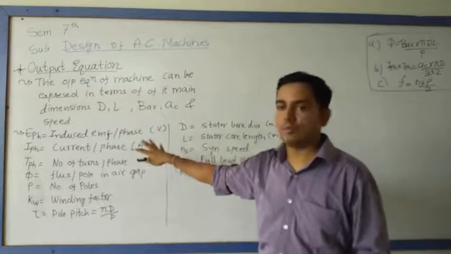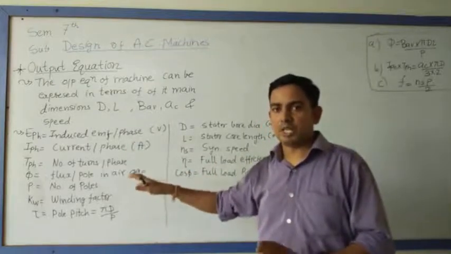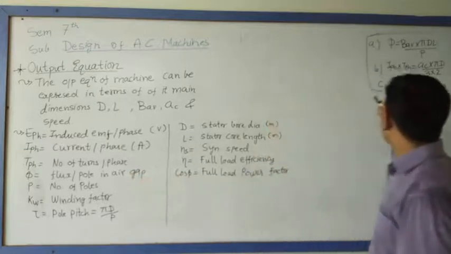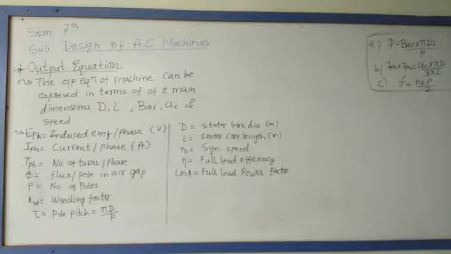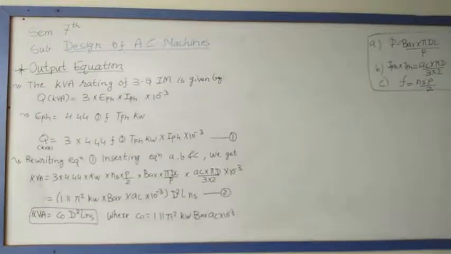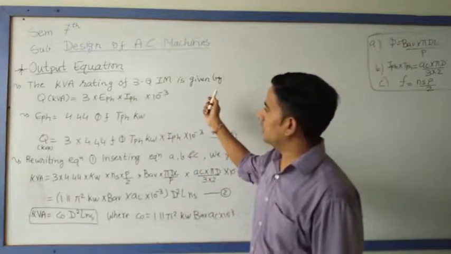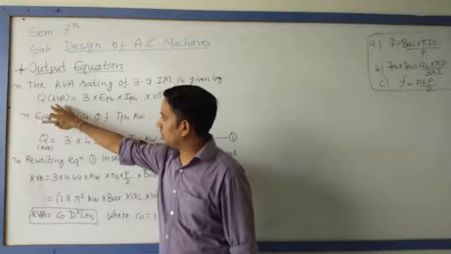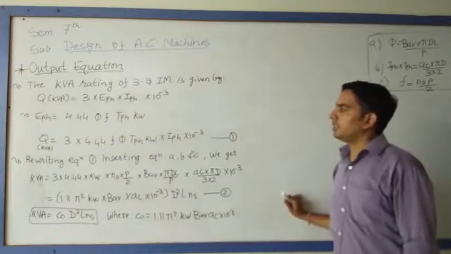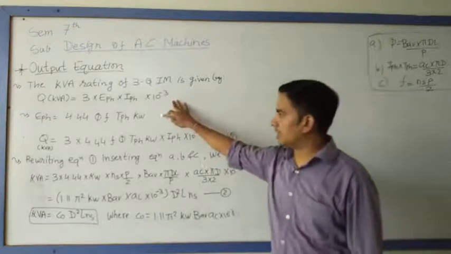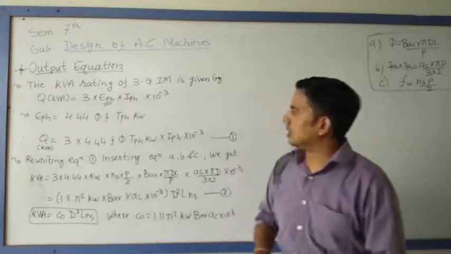Along with this, we are going to utilize the equations A, B, C, which I have already shown you and already written on this corner of the board. The output equation of three-phase induction motor is given by the equation Q kVA is equal to 3 into IPH into EPH into 10 raised to minus 3. Now equation for EPH we have learned in semester 4.